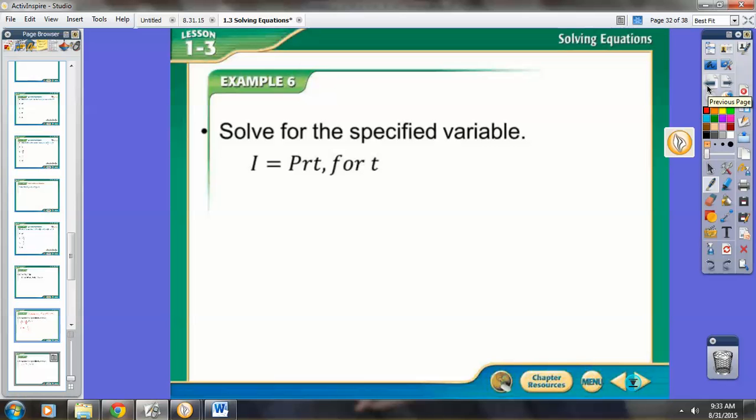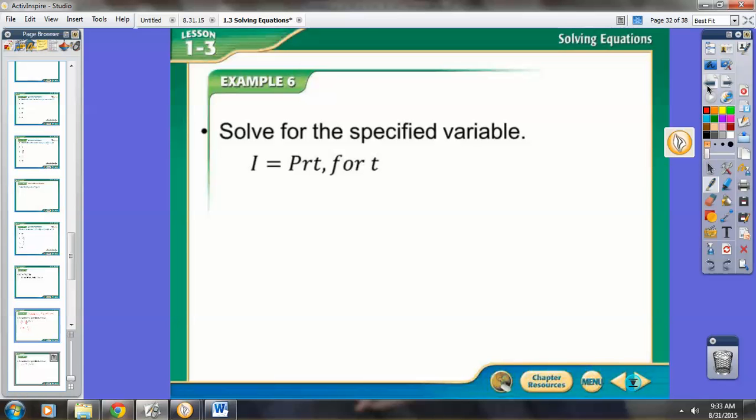Second example, I equals PRT. That means P times R times T. This is the interest formula, actually. I equals PRT, and then it says for T. That tells you what you're solving for. So I want to get T by itself. So I need to undo multiplication.